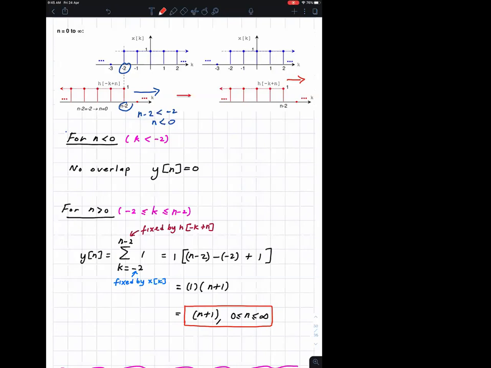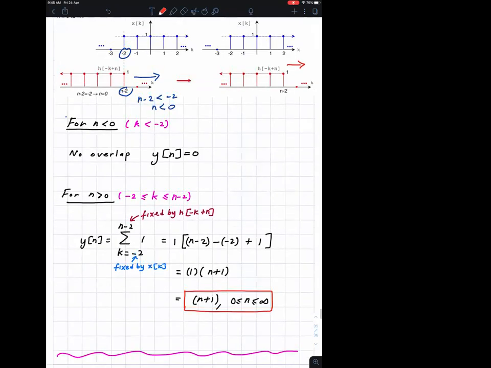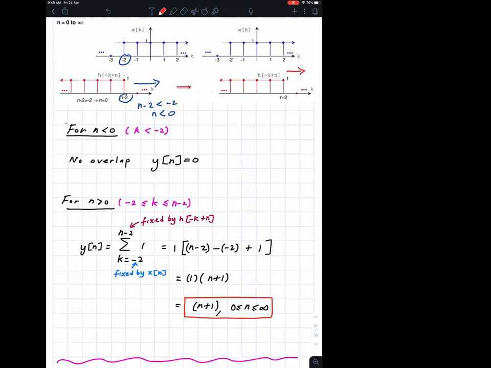For n greater than 0, remove all these things, they will be confusing you. k is going to be greater than or equal to -2. The lower limit is -2. The upper limit is n minus 2.